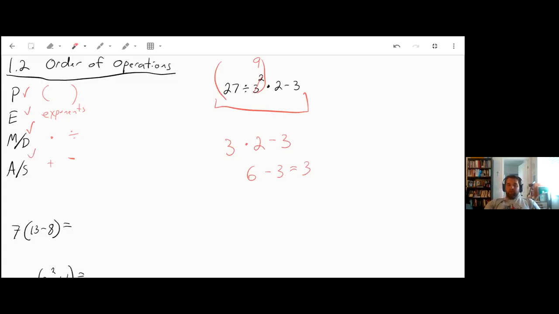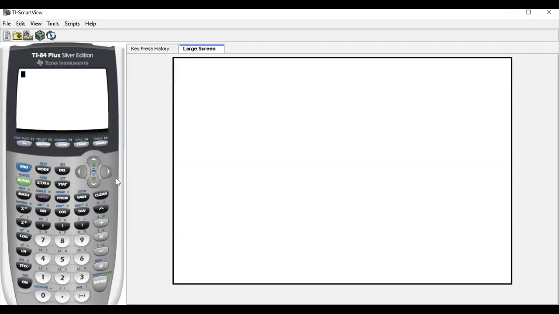Now, if we were going to do this on your graphing calculator, I'll pull that up quick. On your graphing calculator, you could just type it in as is, exactly as written. So you would have 27 divided by 3 squared.